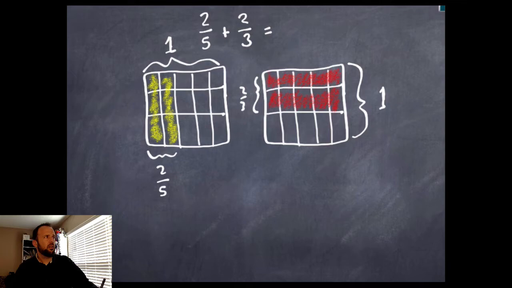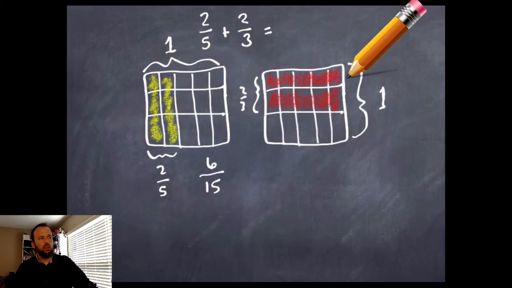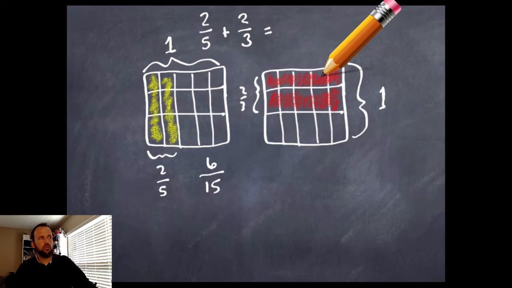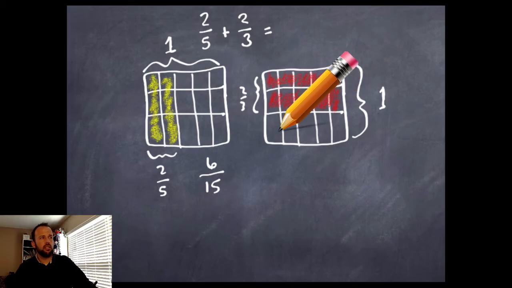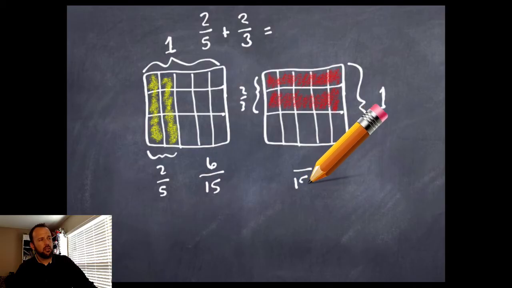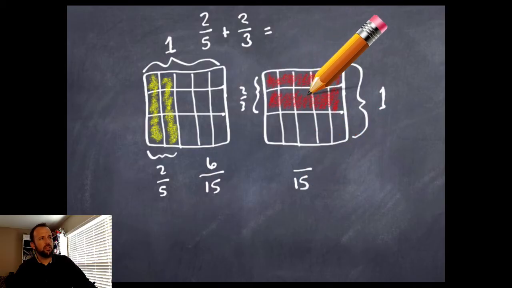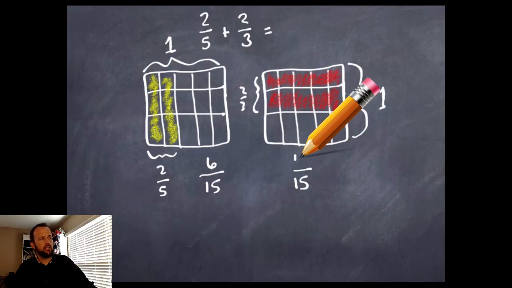So now this is switched out of 15, and I have 6 out of 15. Over here, I'm going to have 15 as well, and I have 10 out of 15. Cool.